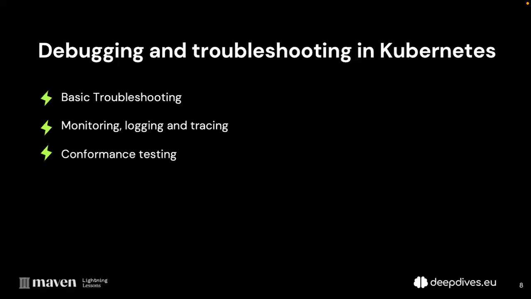So there are also a couple of tools to do that. Sonobuoy is one that could be used. And there is also the Certified Kubernetes Conformance program that allows different kinds of distributions to prove that they are the real deal.